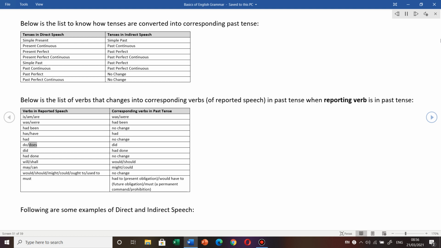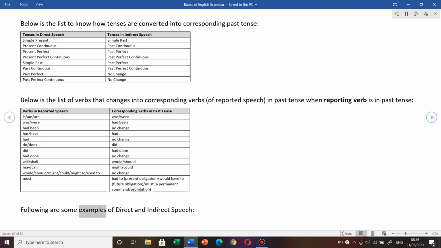Do, does become did. Did becomes had done. Had done, no change. Will, shall become would, should. May, can become might, could. Would, should, might, could, ought to, used to: no change. Must becomes had to for present obligation, would have to for future obligation, and must remains for a permanent command or prohibition.